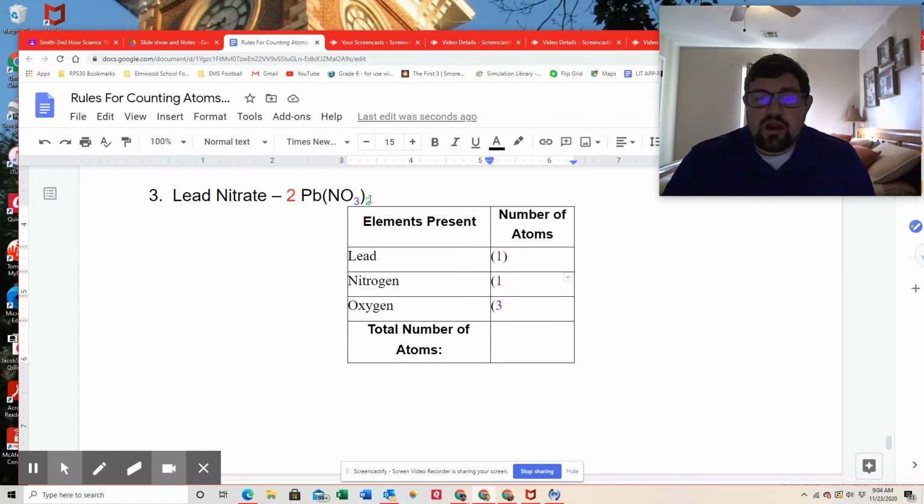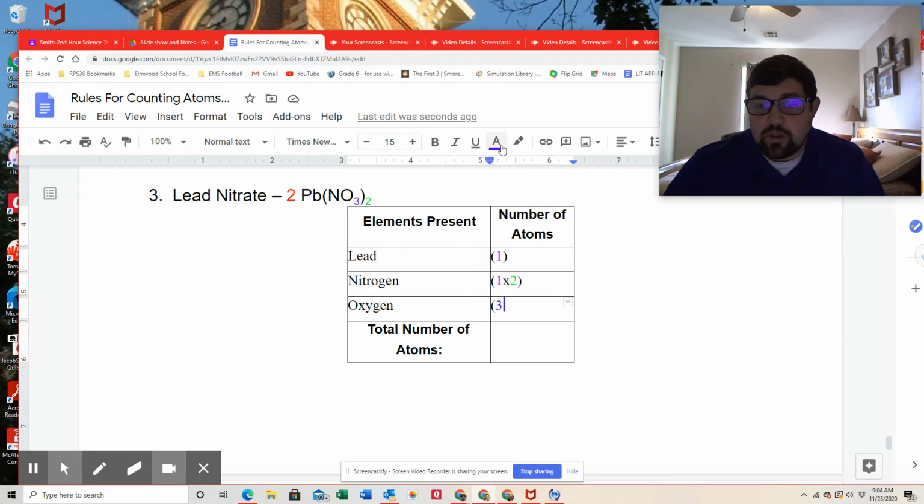And so I'm going to have to multiply because there is 1 nitrogen in each group. So I'm doing 1 times, and I'm going to change the color so you see where I get this number, 1 times 2, to find out how many nitrogen I have. I have 1 times 2. So I have 2 nitrogen total in lead nitrate.